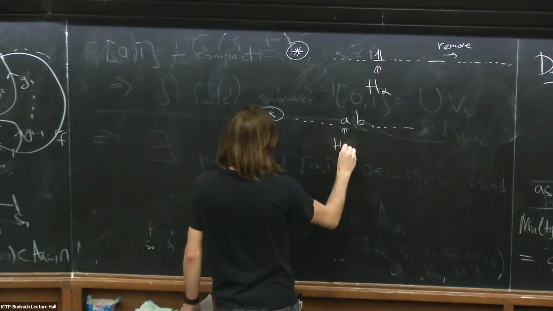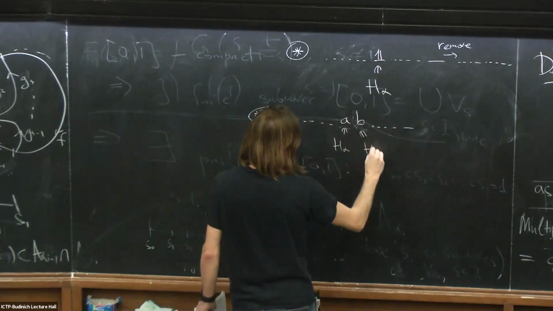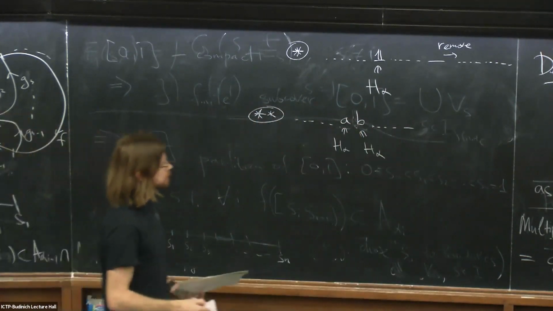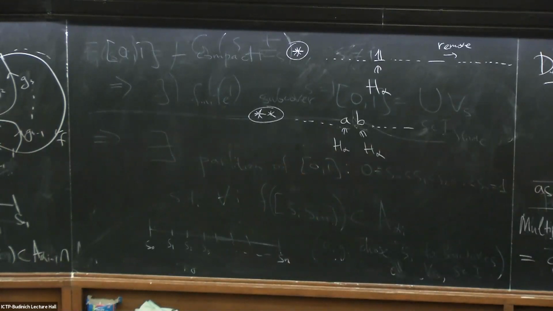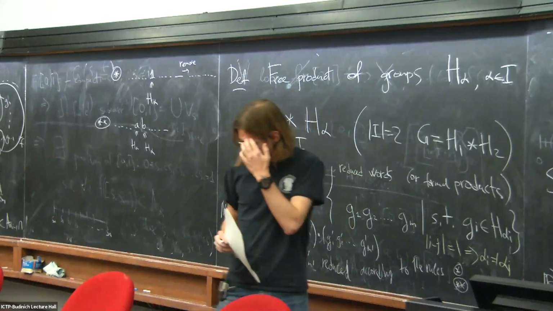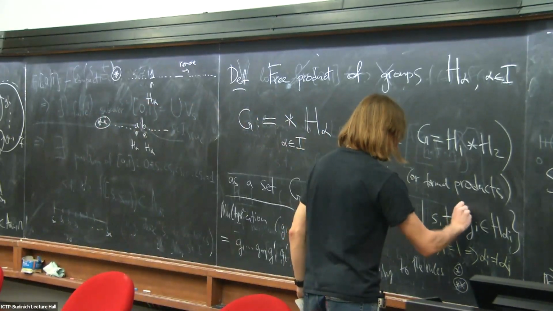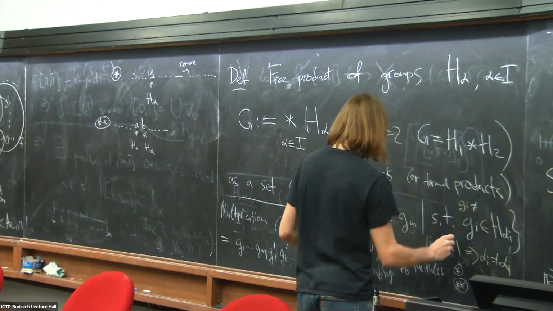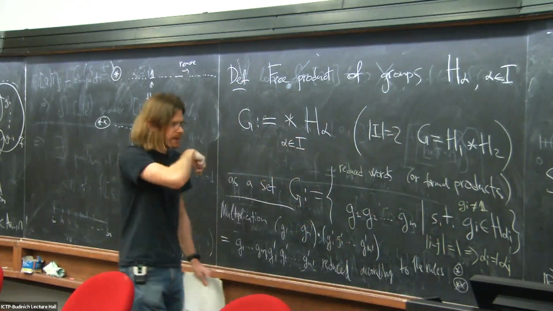So this is an element of H alpha, and suppose the next element also belongs to H alpha for the same index alpha. In this reduced condition, this GI in the reduced word cannot be identity.